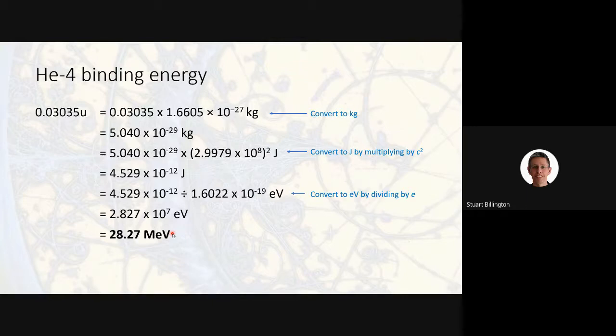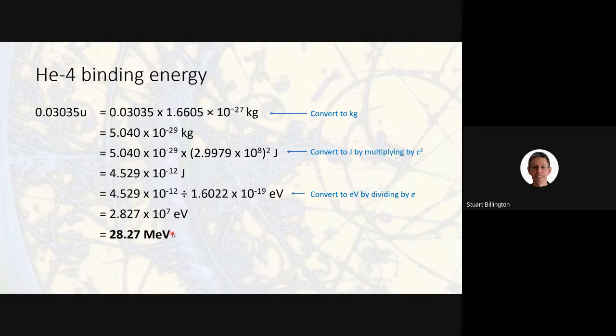And so it shouldn't be a surprise that the biggest nuclei have the biggest binding energies, not because there's anything inherently special about the nucleus, but simply because every single particle that joins the nucleus loses a bit of energy. So if I make a nucleus with 100 nucleons in it, then there's 100 lots of energy that will have come out.